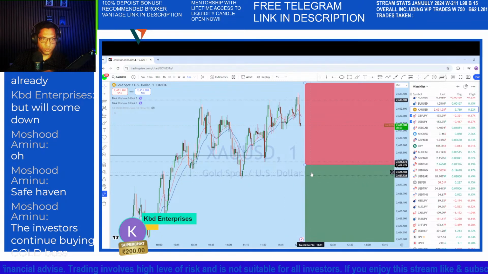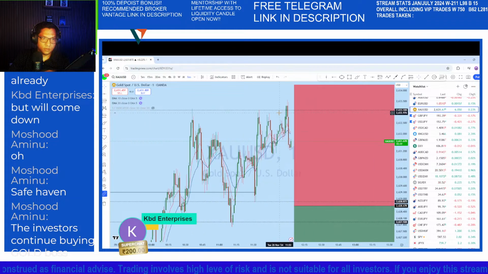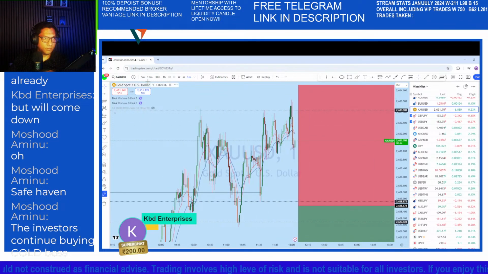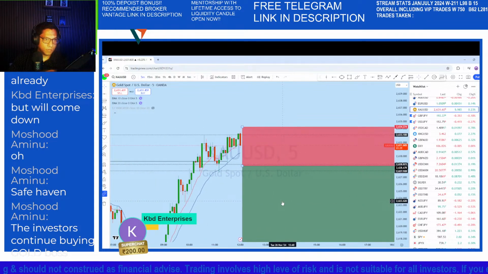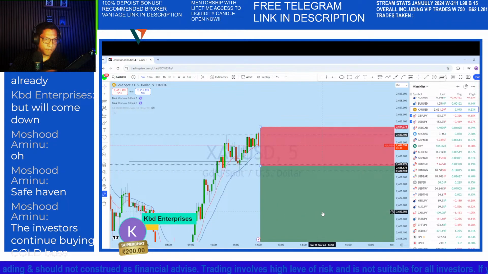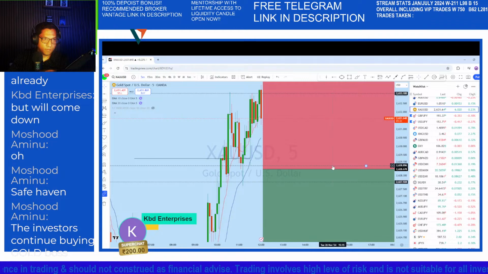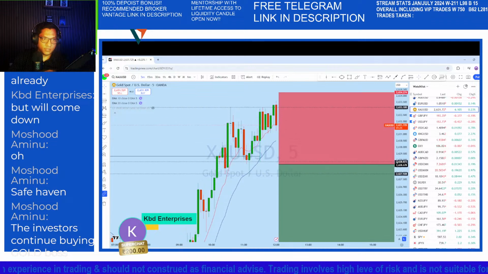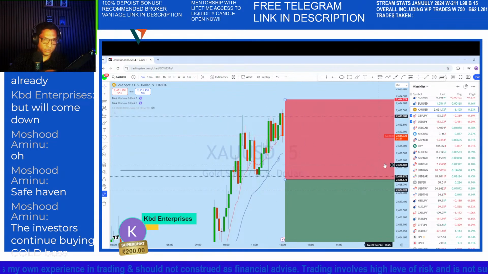During the last moment, we could see some improvement in our directional bias. The ultimate directional bias, the market structure, is still bullish.